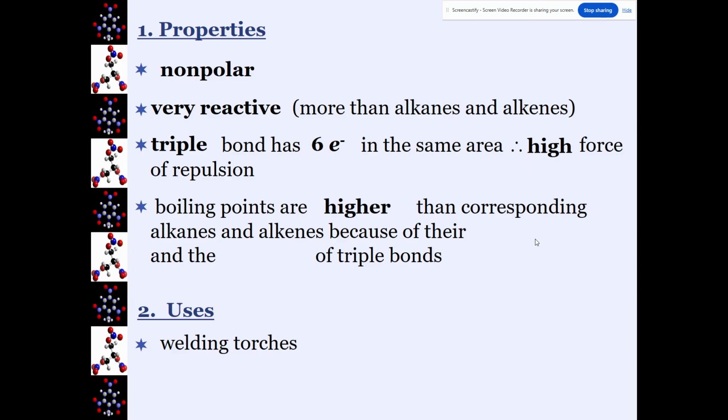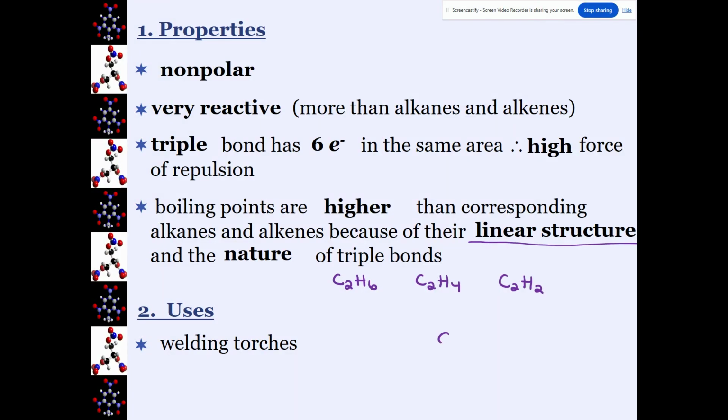However, they're boiling points. So again, if I'm looking at an alkane, which is C2H6, for example, versus an alkene, which would be C2H4, versus an alkyne now would be C2H2, okay? We have less and less electrons, so we would think it has a lower boiling point. However, there's an exception. There is a linear structure to my alkyne, okay?